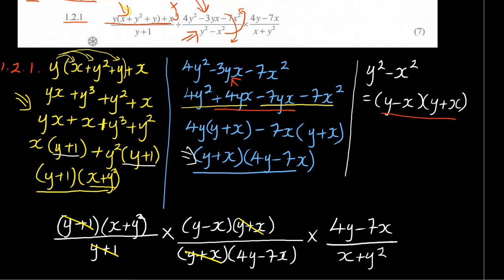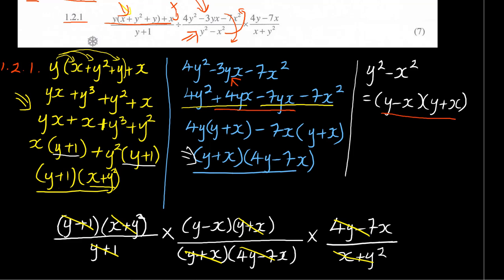After correcting, it will cancel with x plus y squared, and then the 4y minus 7x will cancel with the 4y minus 7x.